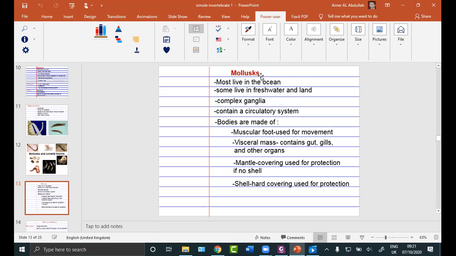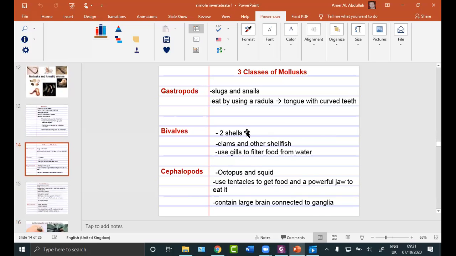Mollusks have several specialized organs that include a heart, gills for breathing, and a well-developed nervous system. Now the octopus and squid have extremely good eyesight and a very large brain. Mollusks have three classes.